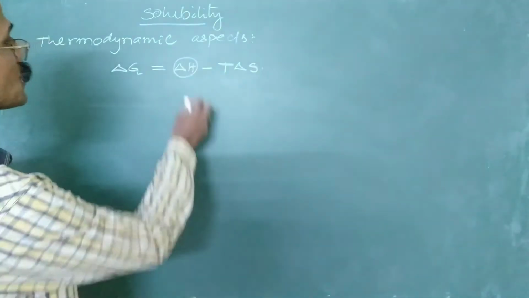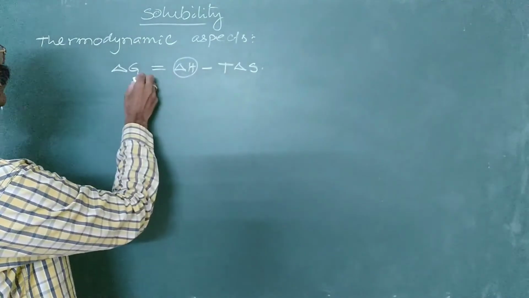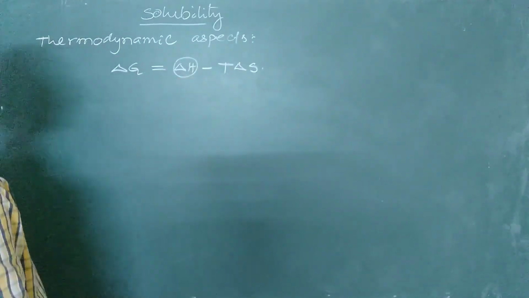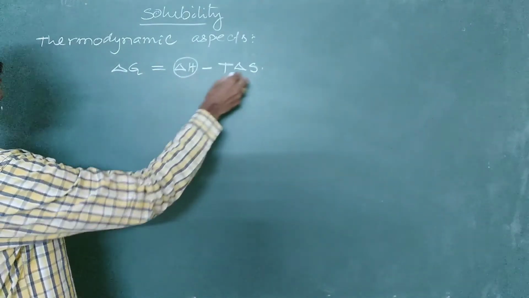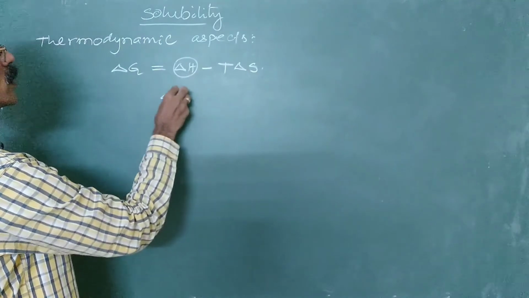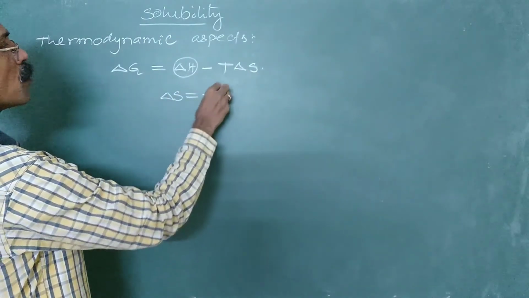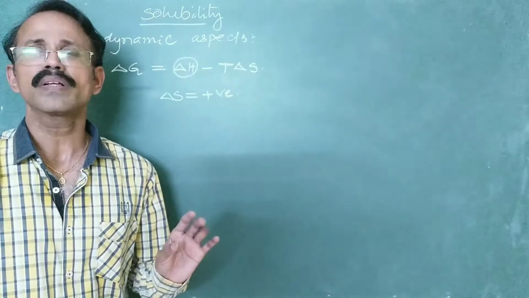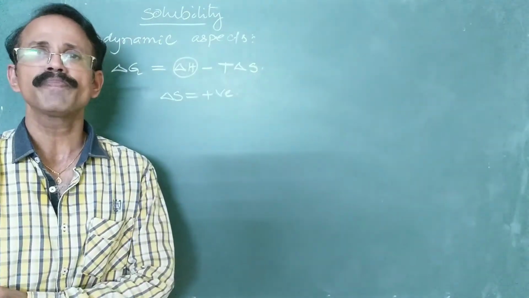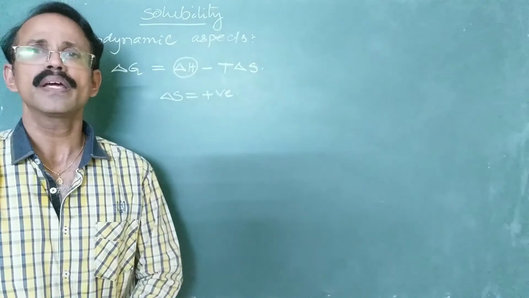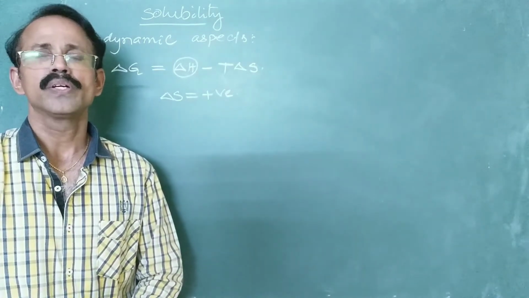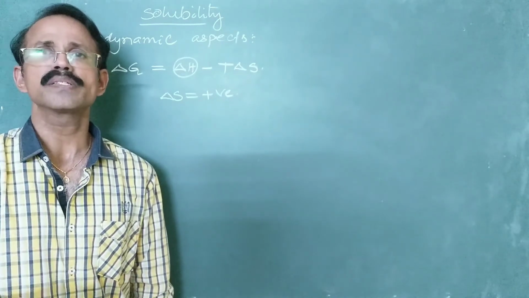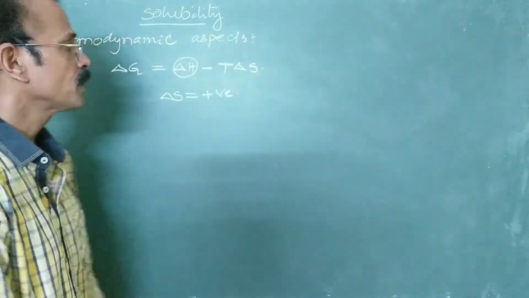If you consider the equation here, delta G is equal to delta H minus T delta S. Delta S is positive, entropy change is positive, because we are talking about the dissolution of a solid solute in a liquid solvent. When solid enters into aqueous phase, what happens? Randomness increases, or delta S becomes positive, right?